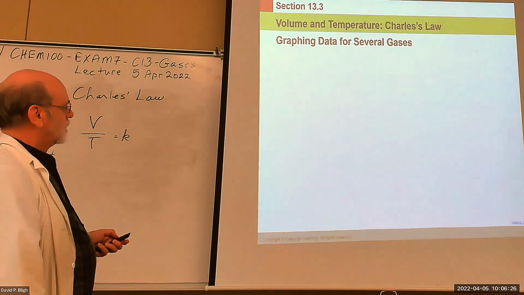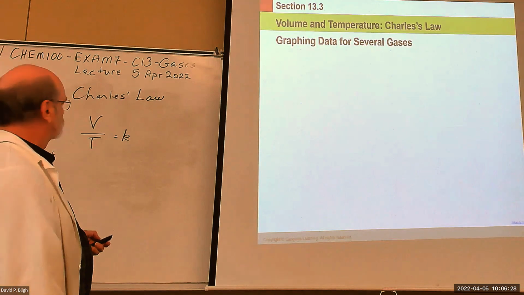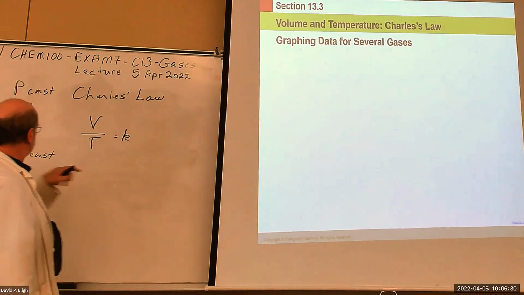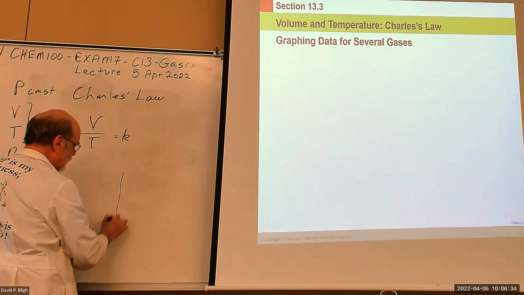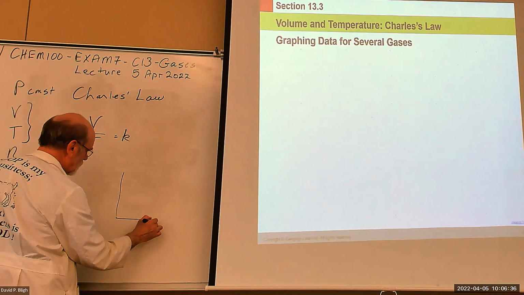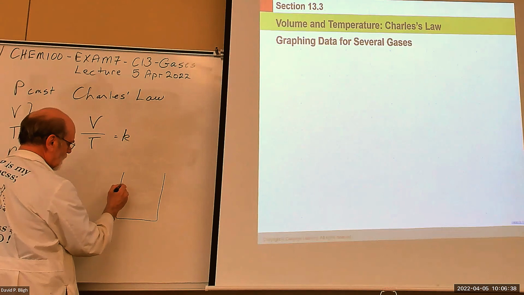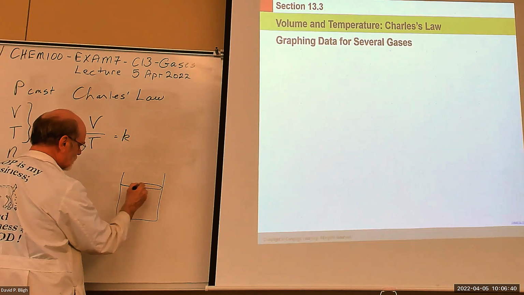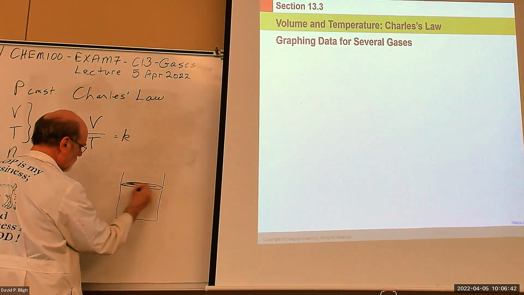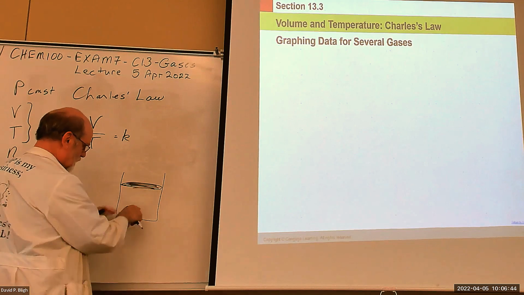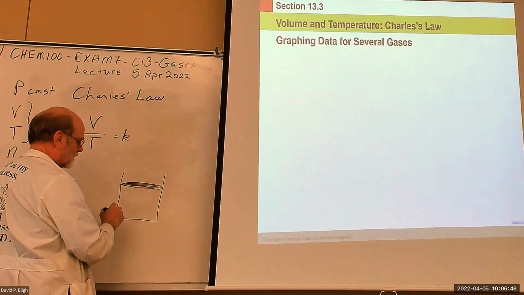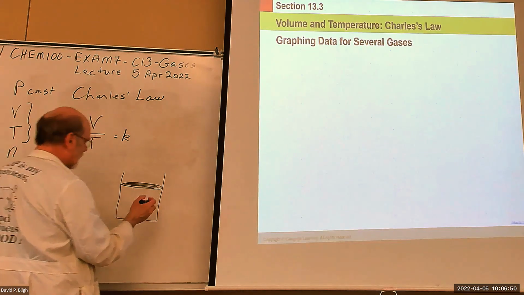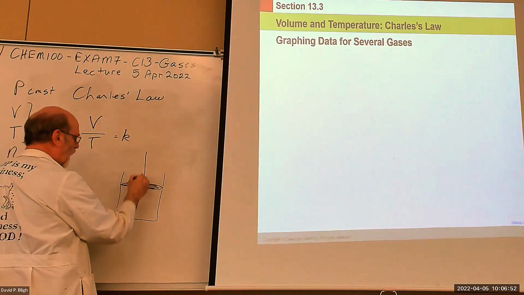Okay. So how did Charles keep these two constant, right? Well, if you have a vessel like this, and you put a piston in it, now the gas is trapped. You have your gas in here with a given volume, and then you put a weight on it.